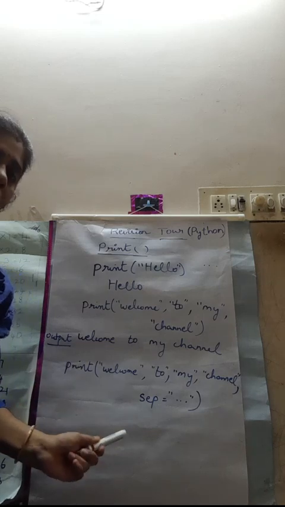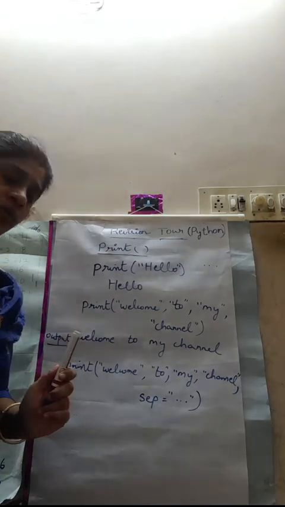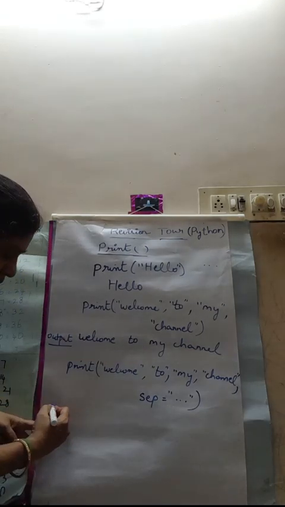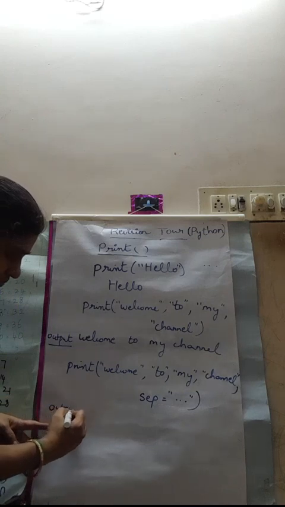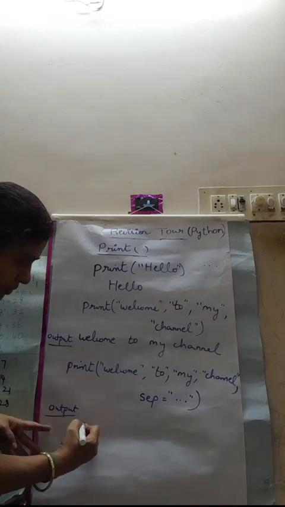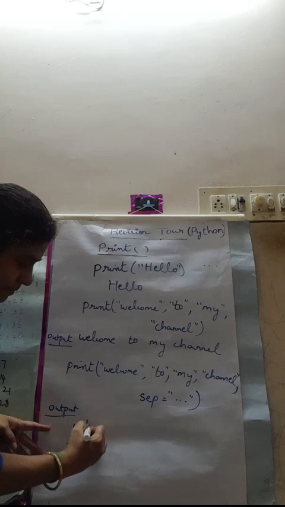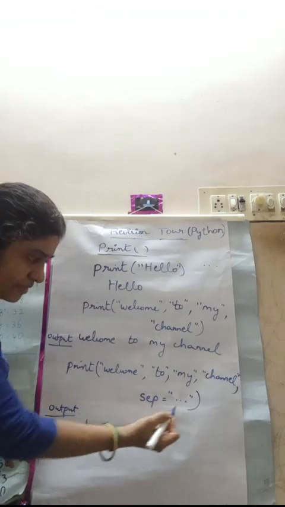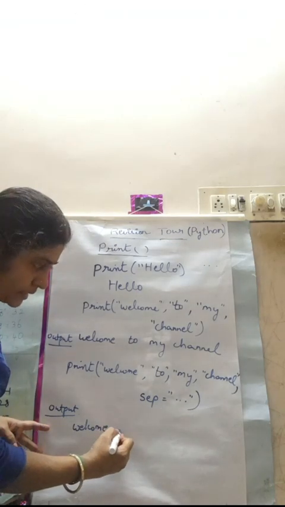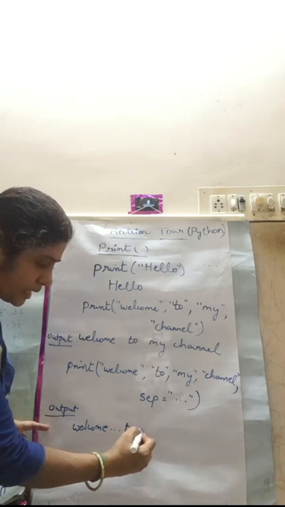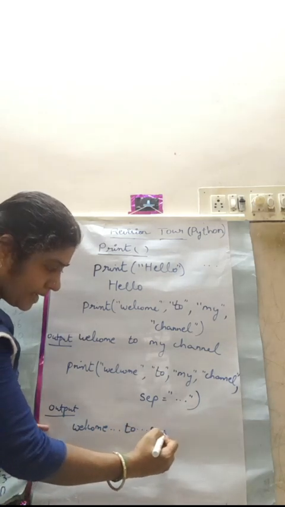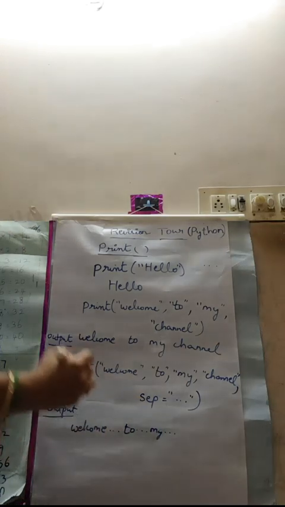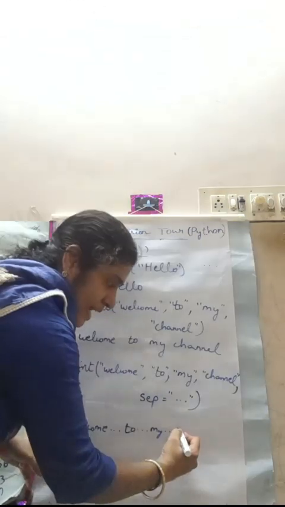Now what will be the output? The output would be welcome, and after this it will put the separator 3 dots, 2, 3 dots, my, 3 dots, and then it will write channel.